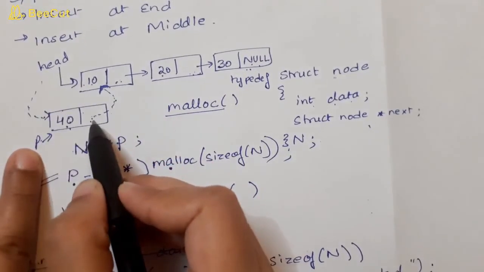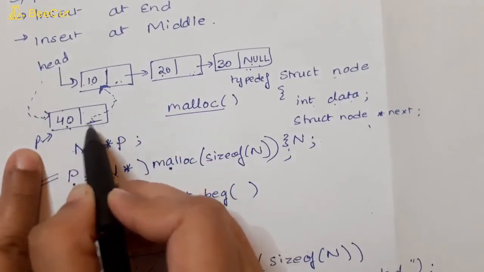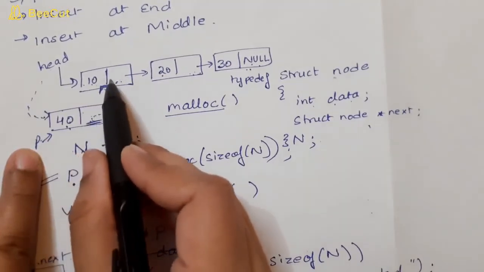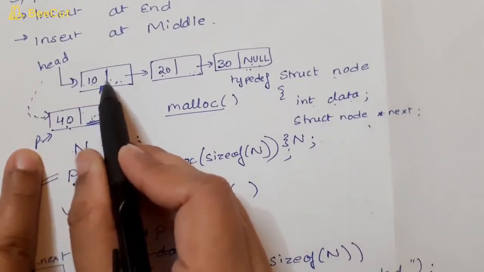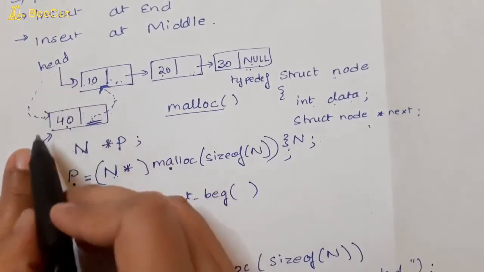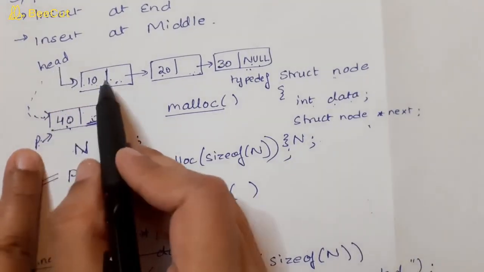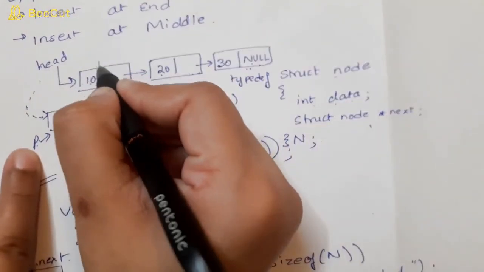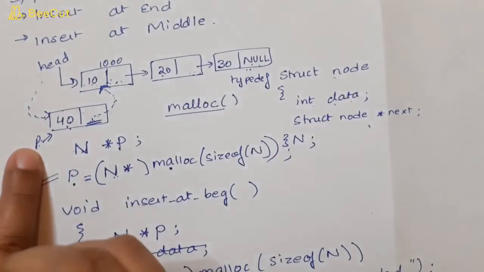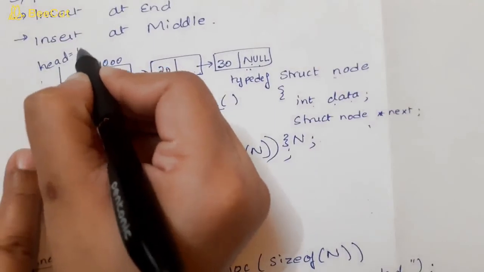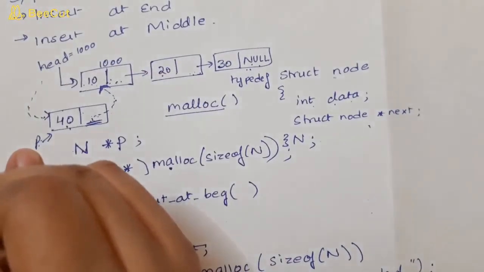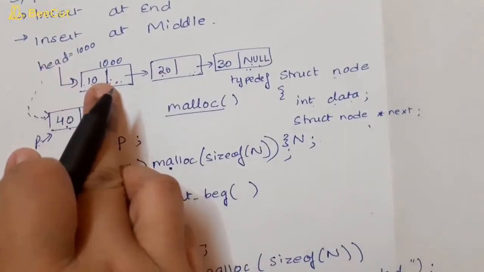To create this link, you can see that this particular node's address is stored in head. We need the address of the first node. So the address of this particular node is already stored in head, so we can write p next equals to head. Suppose this particular node is stored at 1000. So head must be storing 1000, the address of this particular node.